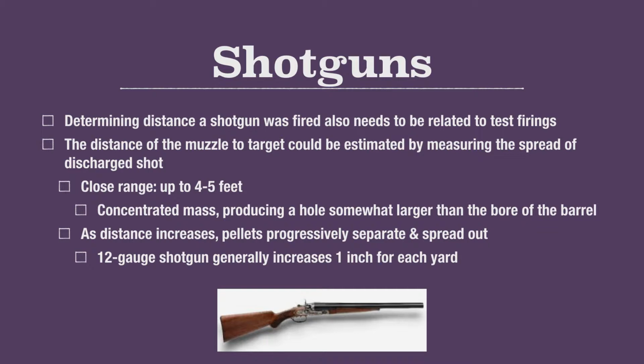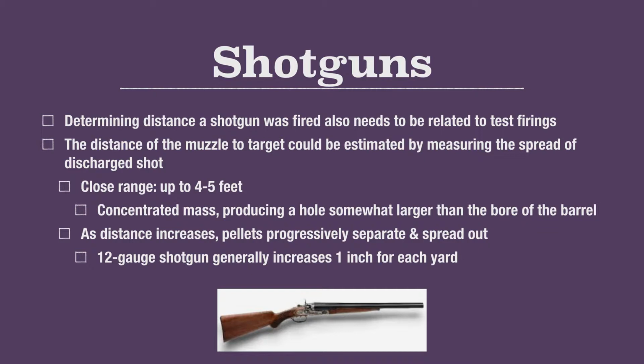Other factors, though, with shotgun wounds influence what the appearance looks like: the barrel length, the size and quantity of the pellets fired, the quantity of the powder discharge, and then the choke of the gun can also affect the shot pattern.